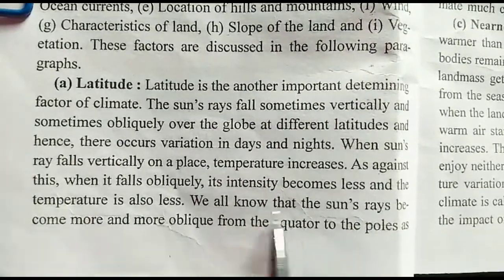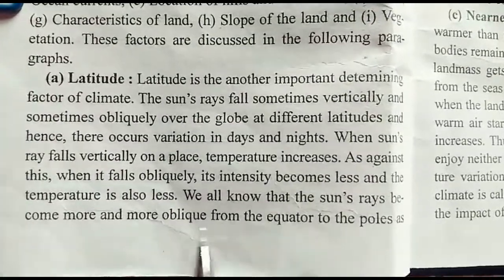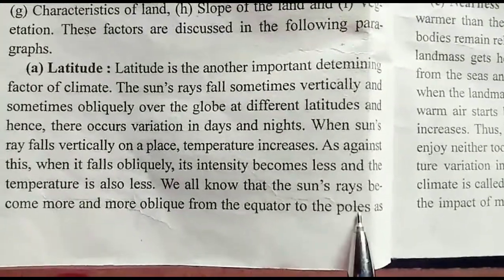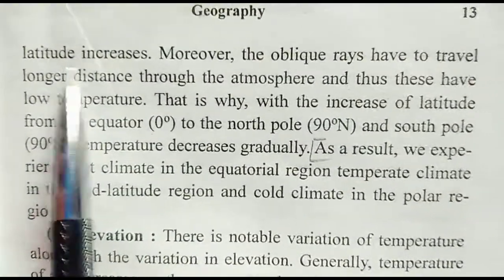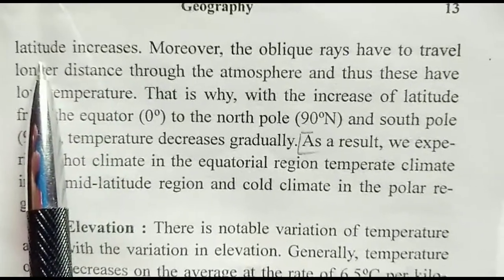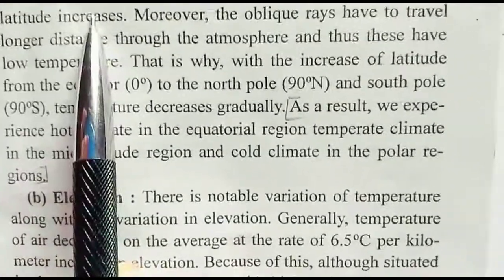We all know that the sun's rays become more and more oblique from the equator to the poles as latitude increases. Means when latitude increases from the equator to the poles, the temperature keeps decreasing.